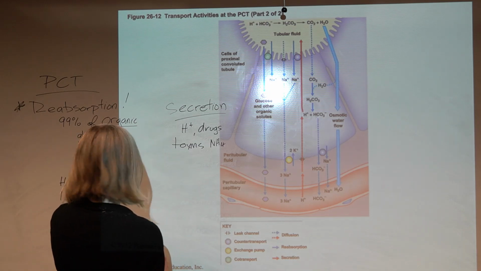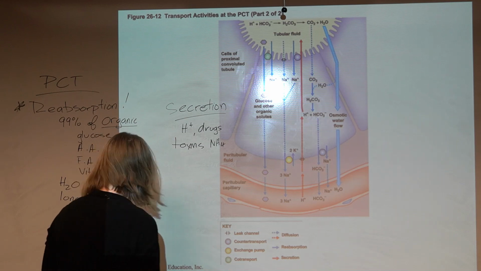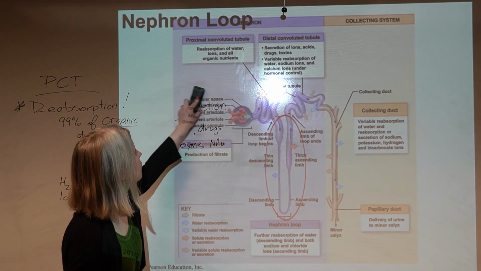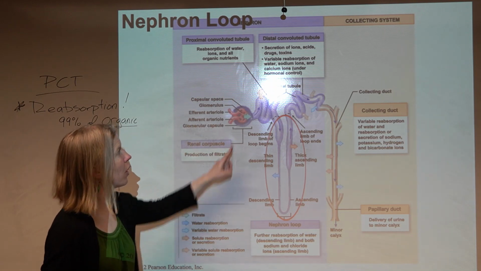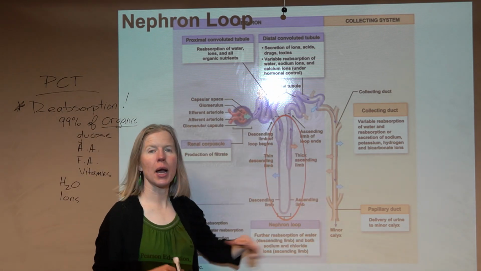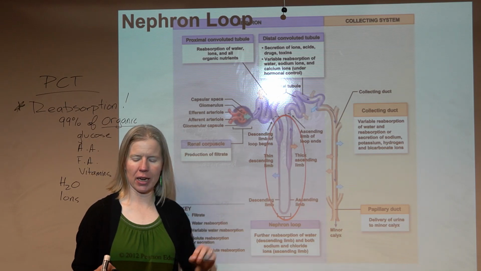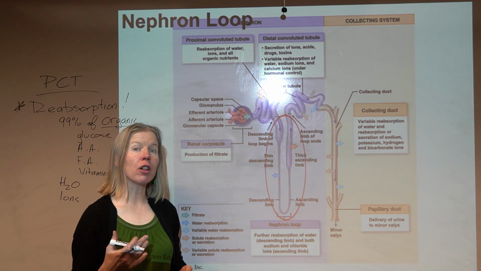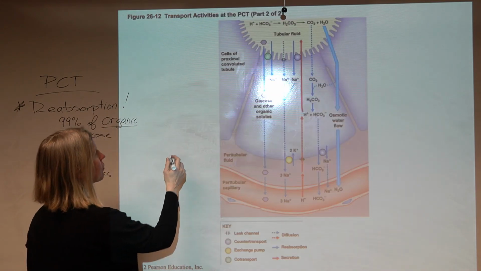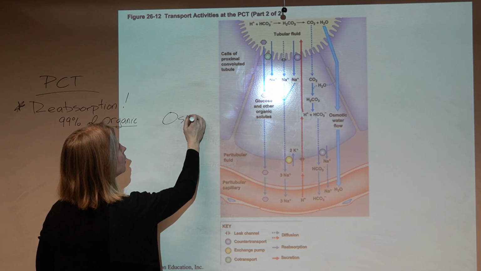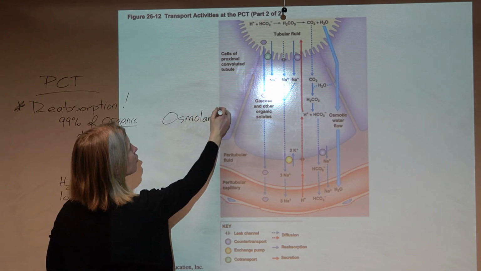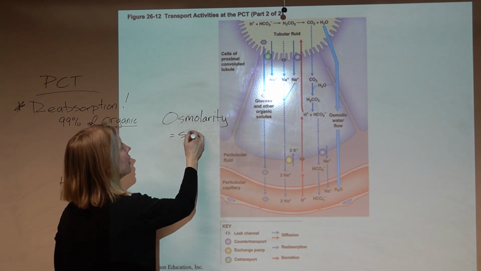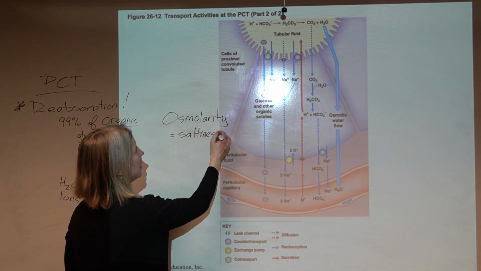The other thing that I wanted to mention, as we're about to move on to the nephron loop, is that in this attempt to make urine, by the time we're over in the collecting duct, a lot of the time we're going to follow what's called osmolarity. If you see them start talking about osmolarity in this chapter, this is essentially the saltiness of a fluid.